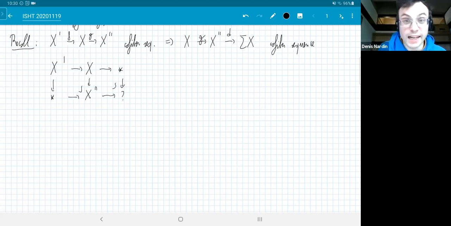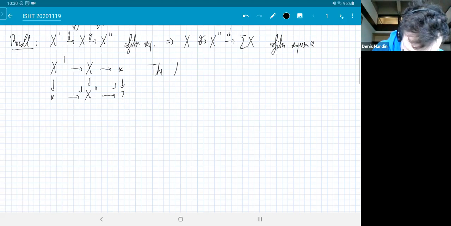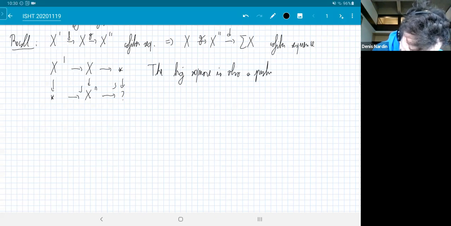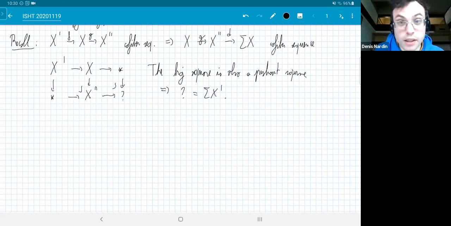And if you look at the big diagram, it is also a homotopy push-out diagram. The big square is also a push-out square. So this forces the question mark to just be the suspension of x prime. And then the second square is the cofiber sequence we wanted.